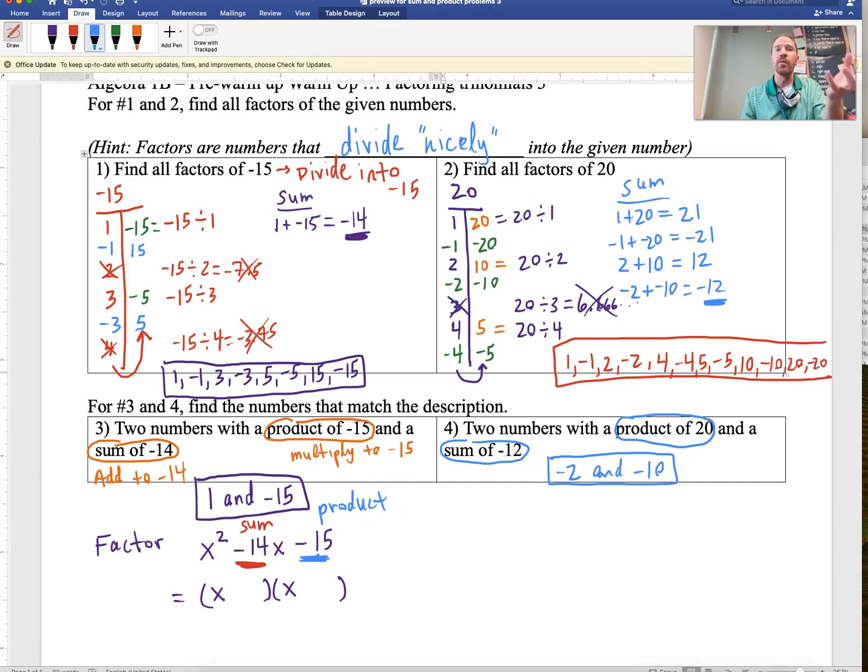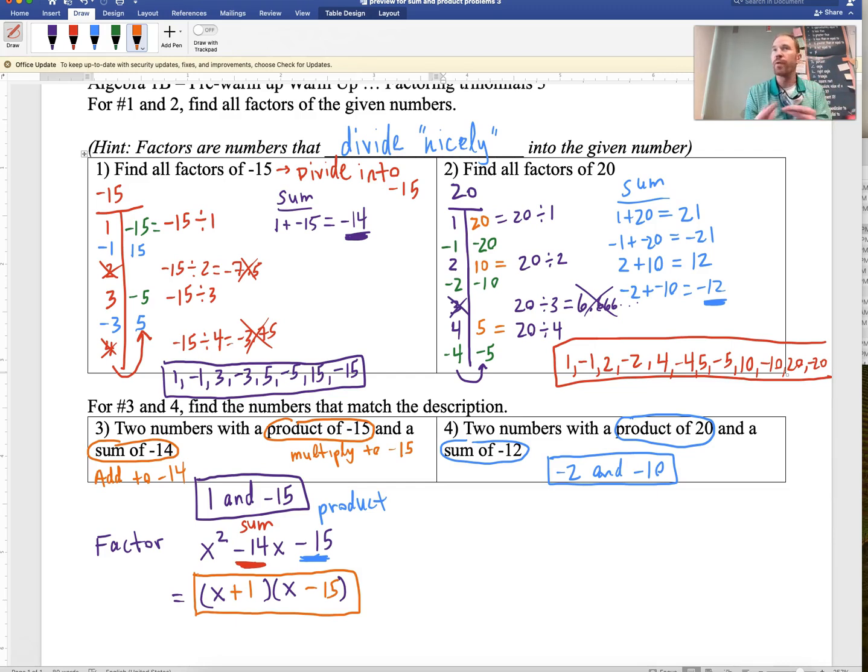We said, what 2 numbers have a sum of negative 14 and a product of negative 15? We said it was 1 and negative 15. So all we're going to do is take these numbers, a positive 1 and a negative 15, and that's going to be our answer when we factor this. But the trick comes down to recognizing that for the negative 14, we want 2 numbers that add, and for the negative 15, we want 2 numbers that multiply.